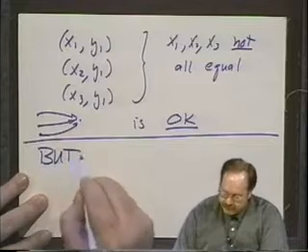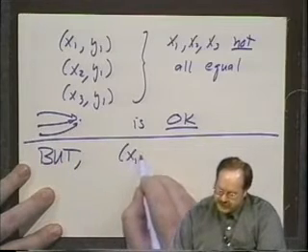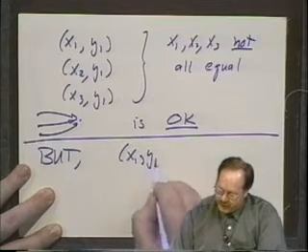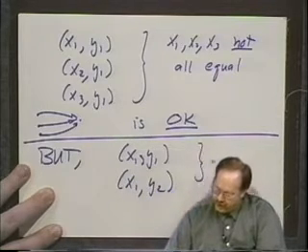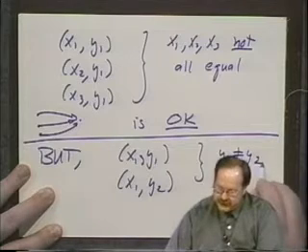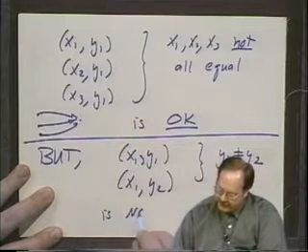But having even as much as two, x1 comma y1 and x1 comma y2, where y1 is not equal to y2, this is not allowed.